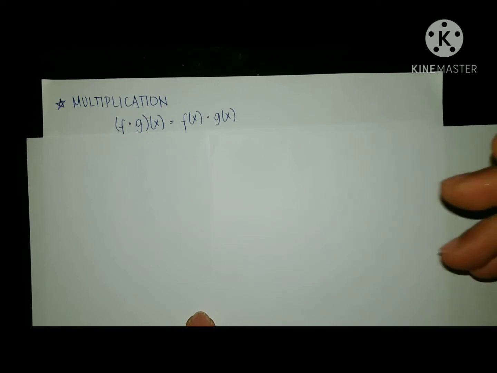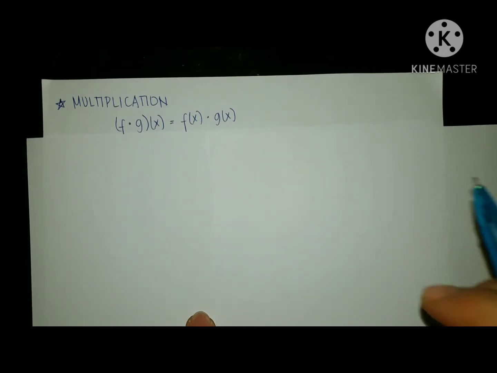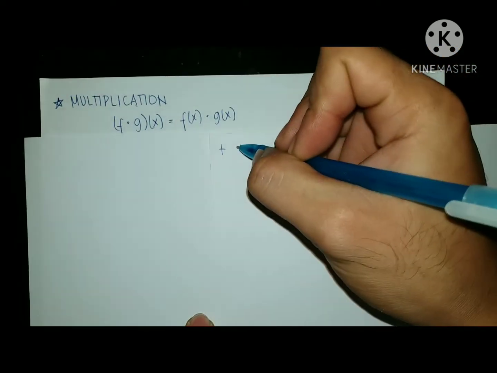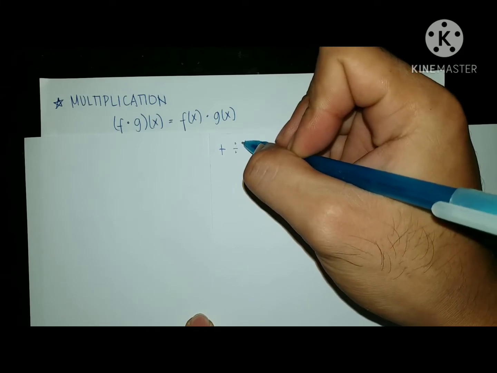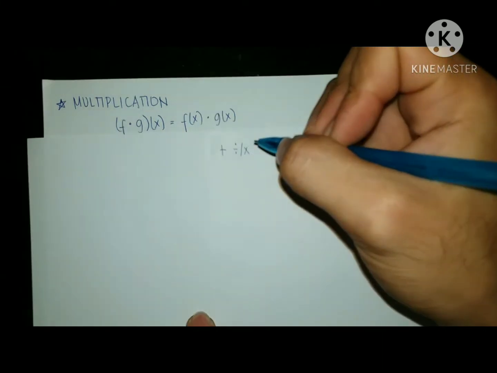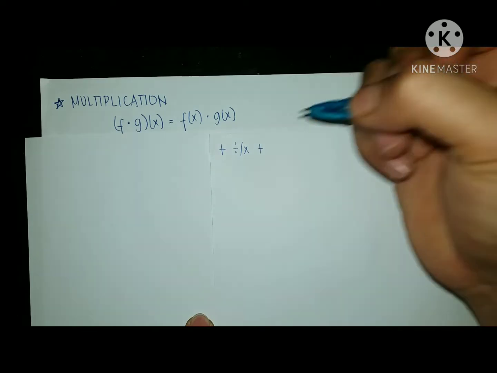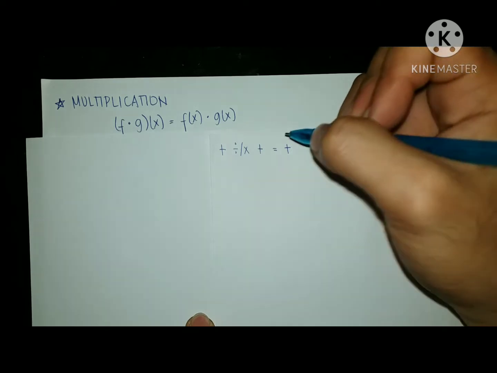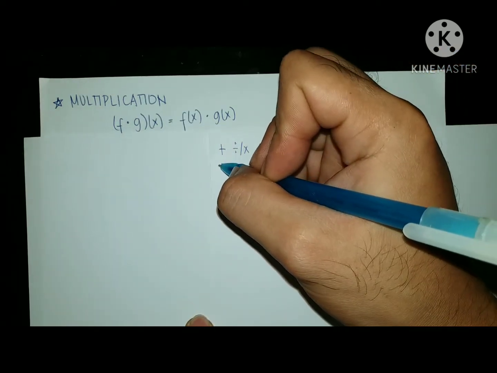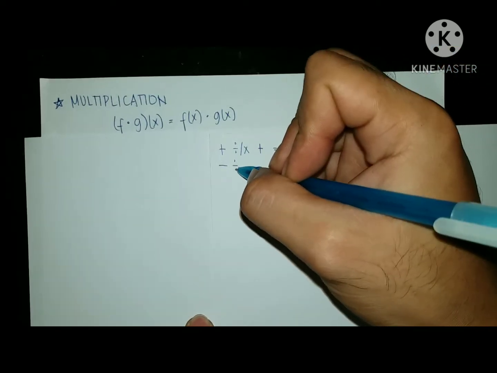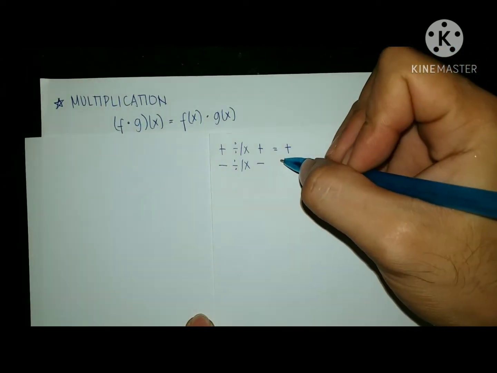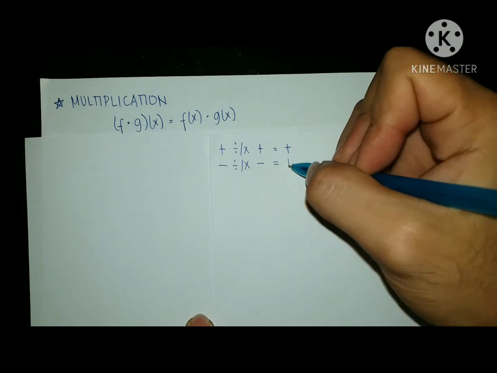The rule of the signs is applicable on both multiplication and division. When a positive number is divided or multiplied by another positive number, the result is positive. When a negative number is divided or multiplied by another negative number, the result is positive.